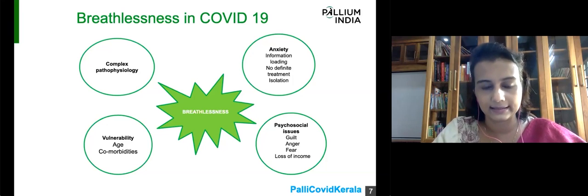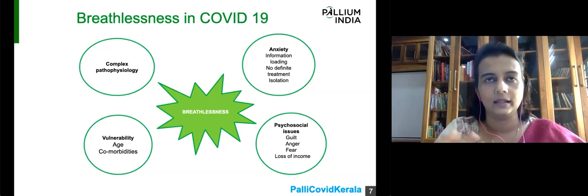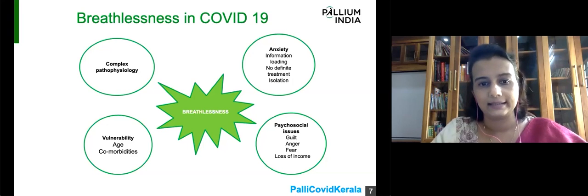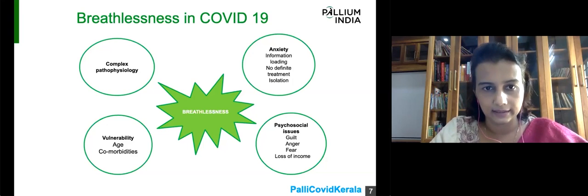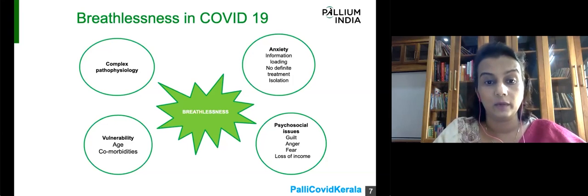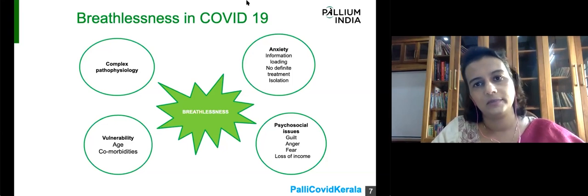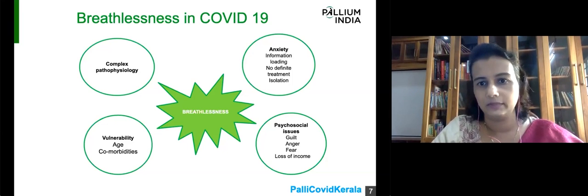Also, comorbidities like diabetes, hypertension, chronic kidney disease, COPD, and also cancer and other immunosuppressive conditions increase the risk of a very bad COVID infection and of dying from COVID. So that group of patients is very vulnerable, and they tend to worry more. And on top of that, patients become more anxious because there's a lot of information.